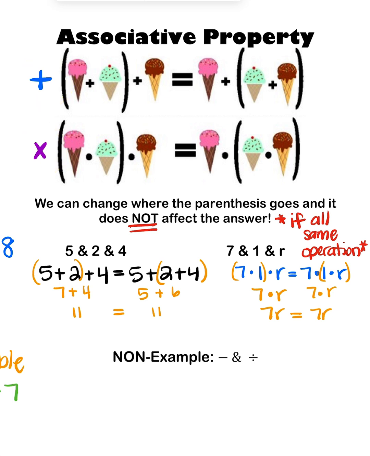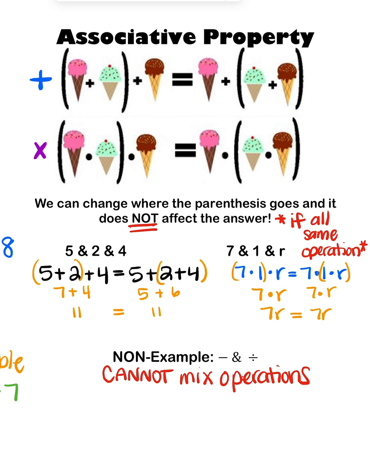But if the parentheses change operation, then that becomes a problem. Okay? So a non-example is going to be any example where we include subtracting and dividing, because remember, these do not work on subtracting and dividing. And we cannot mix operations. So let's add that as a note. Remember, it has to be all the same operation. You cannot mix operations.